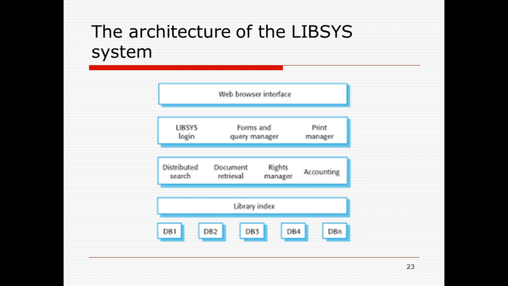Similarly, the LIBSYS login is the authentication level at level 2, along with form and query management, printer management, etc. At level 3, the actual business logic comes in: document retrieval, rights management, accounting, distributed search. And the lowest is the database support and the OS support.